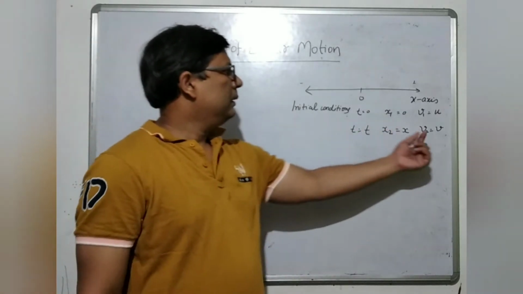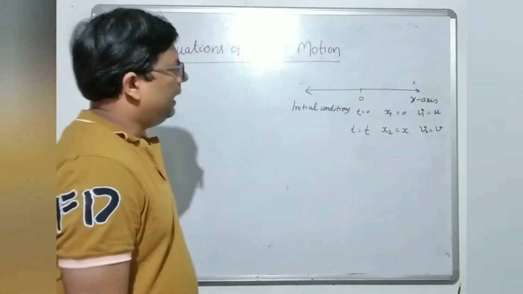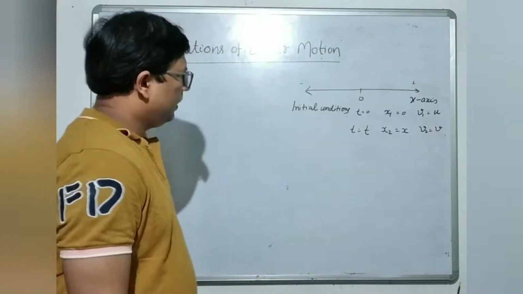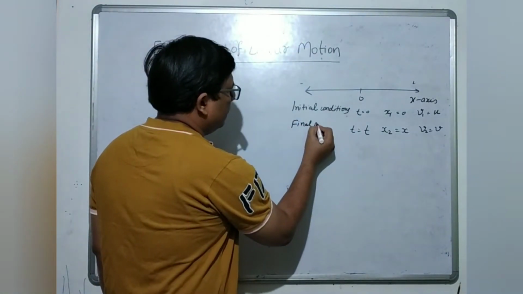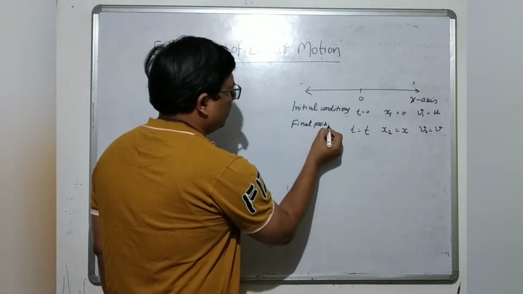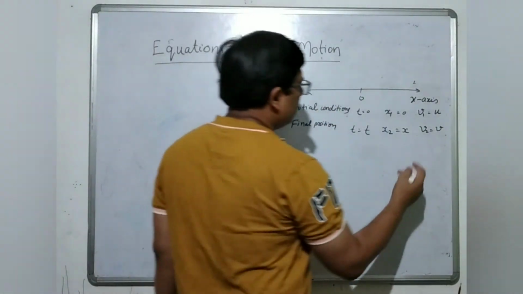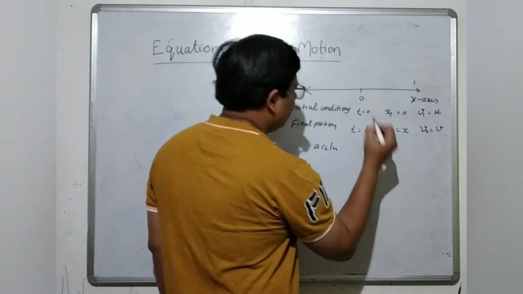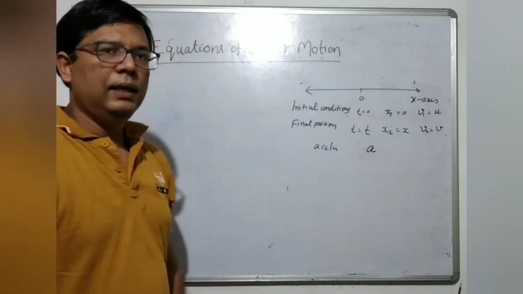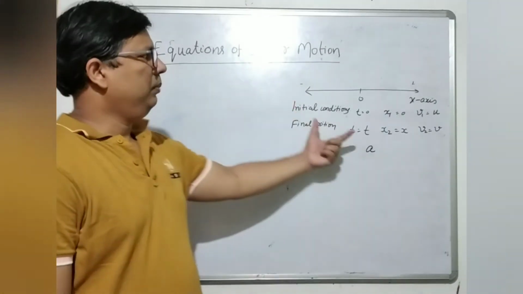So this v is nothing but vt, the velocity at time t. So let us consider this as the final position. And throughout this journey, acceleration will remain the same, and that is a. So these are the conditions we have to keep in mind.